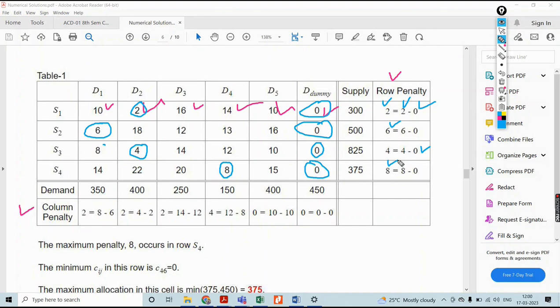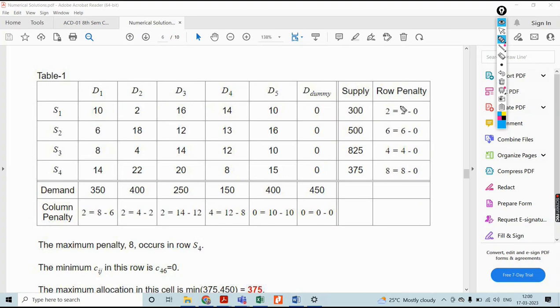Okay, you have to take the 2 least values, make the subtraction of those two, and that itself is the penalty. This is with respect to the row. Next, what you have to do with respect to the column? That is 8 minus 6, which is 2. Next, 4 minus 2 is 2.